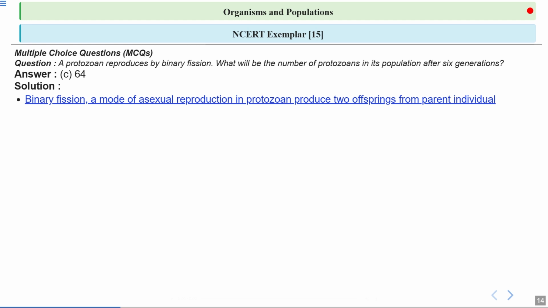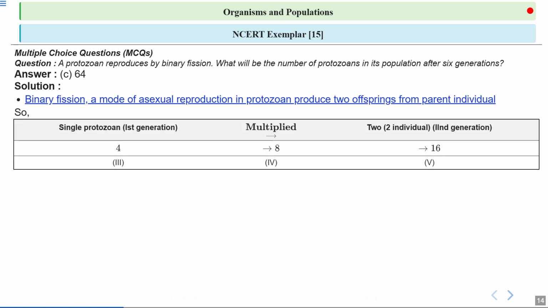Okay, now let's first understand what is binary fission. So it's a type of asexual reproduction where one protozoan splits into two individuals. This is known as binary fission. Now let's see how this doubling works in practice.